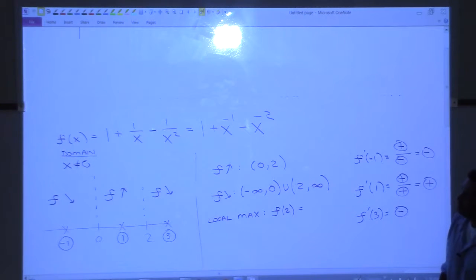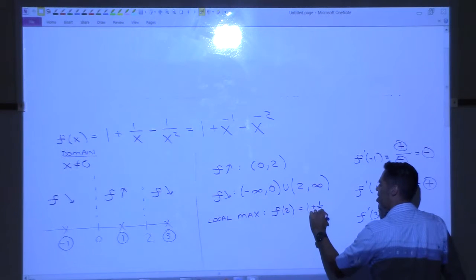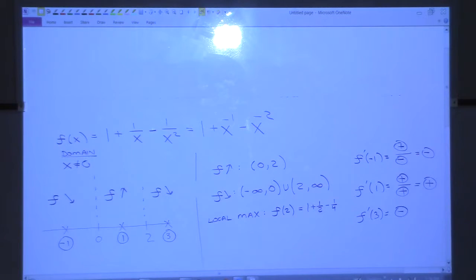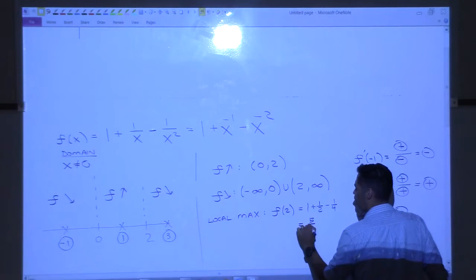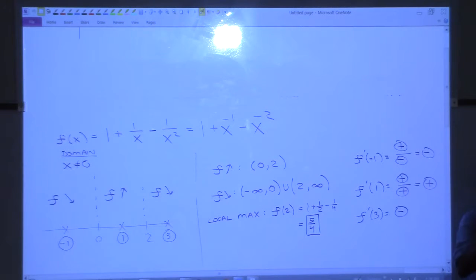That's not very pretty, but it's 1 plus a half minus a fourth. So what is that? Is that 5/4? So at 2, we get a value of 5/4. That should be a local little hill we see, right?